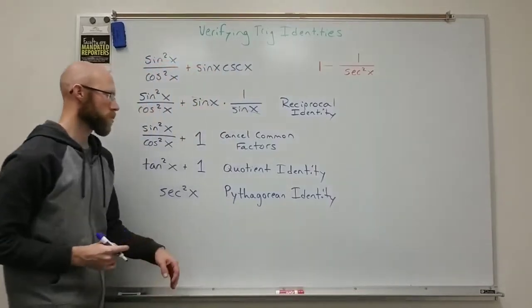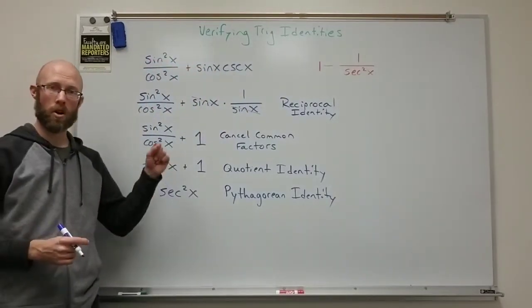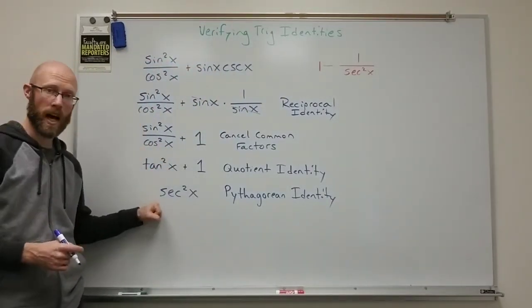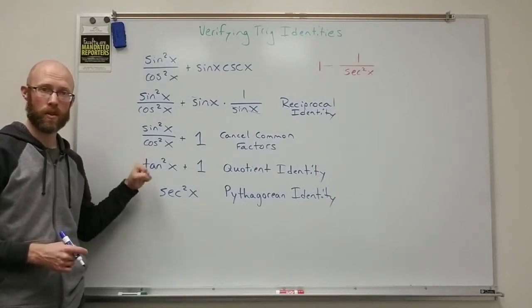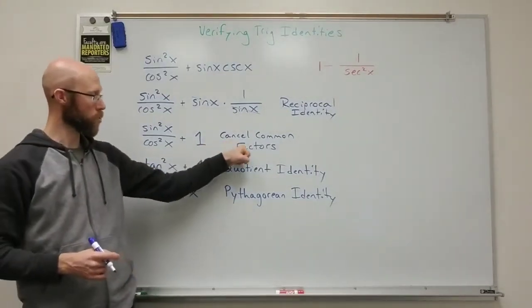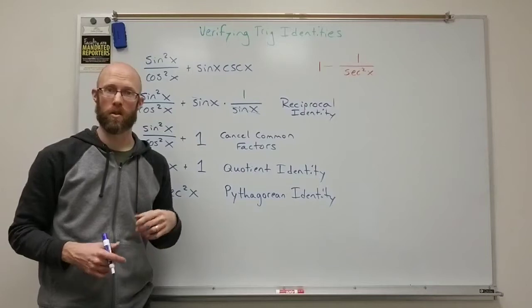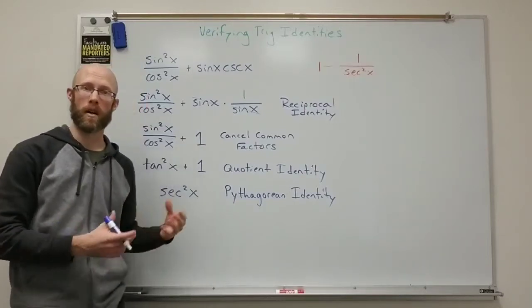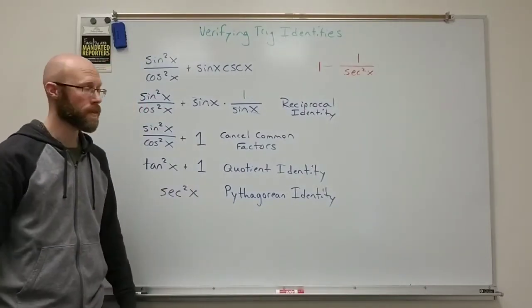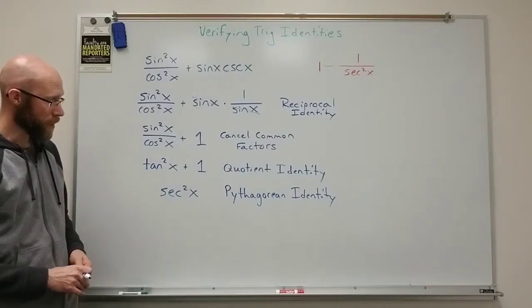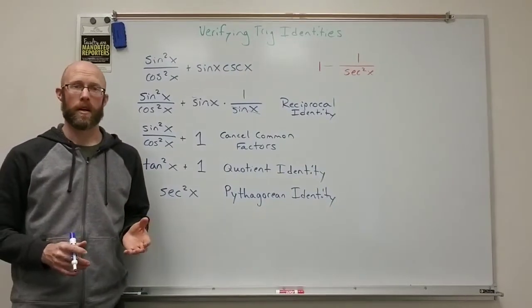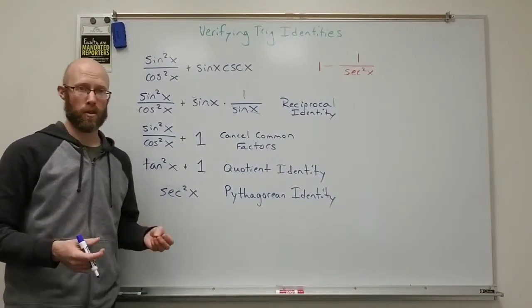So it's going to be important for you to not only know how the identity applies to the expression, but also what the name of it is, okay, so that you can accurately represent your rationale for the step. Now my math lab kind of breaks these down for you.